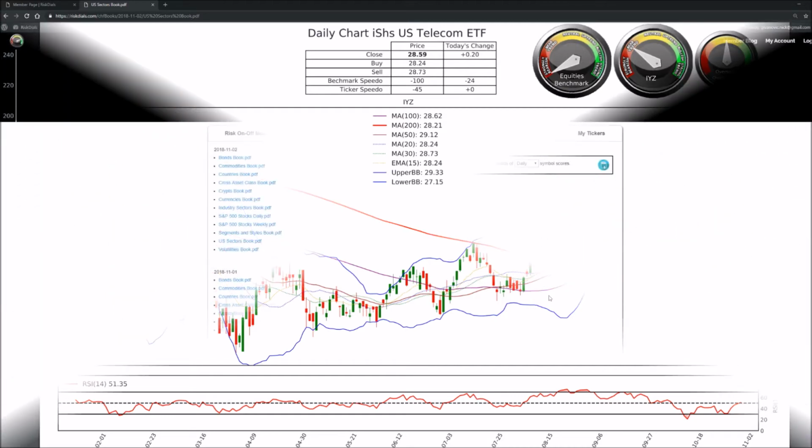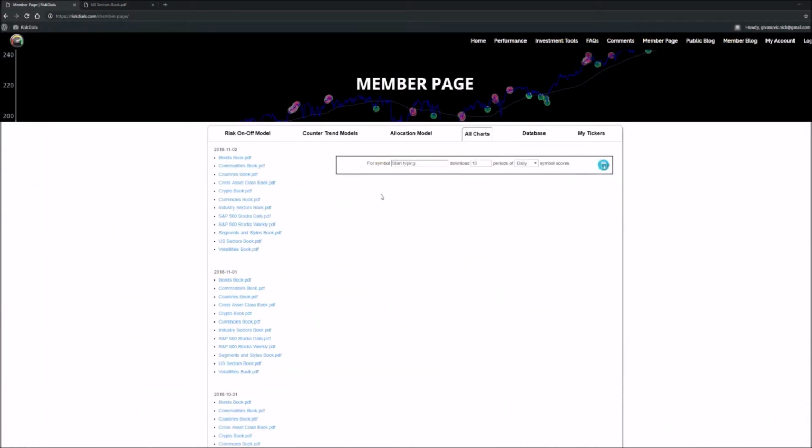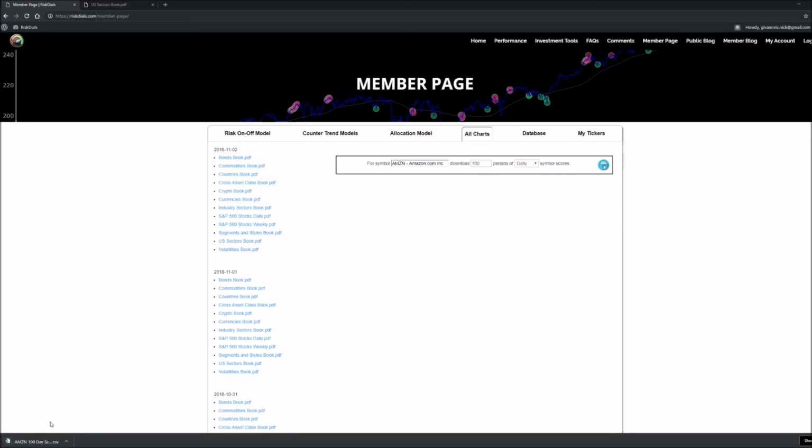and I hope they will do the same for you. Finally, if you want to download the past scores for any symbol and see how well they have predicted past trends by overlaying them with price in your own charts, you can do so here. All you have to do, for example, type in the code for Amazon, download say 100 periods of the daily, press here, and the score will be downloaded for you in .csv format.